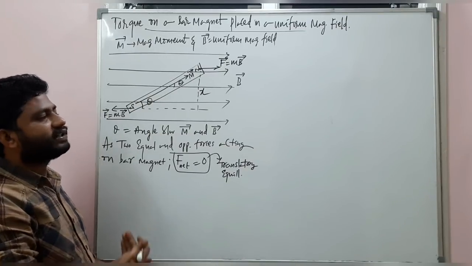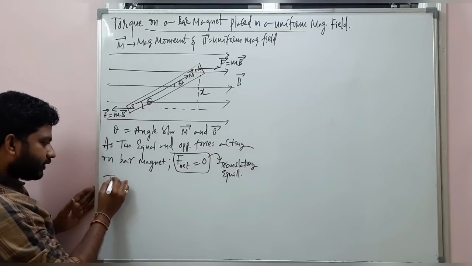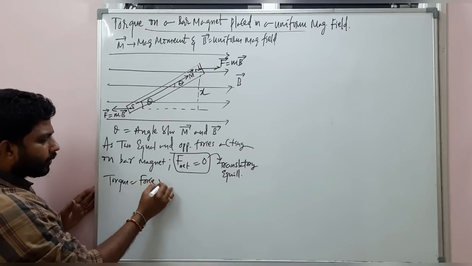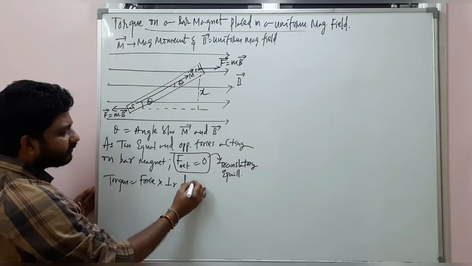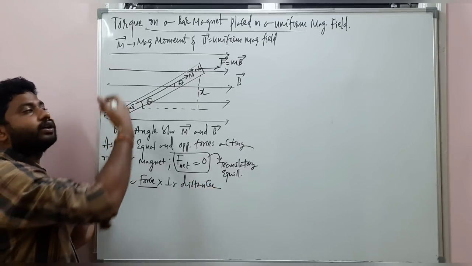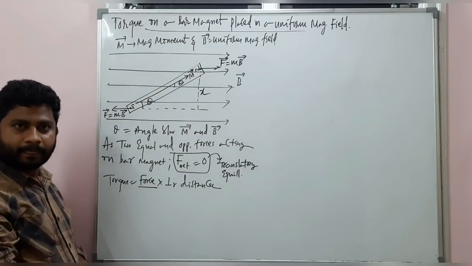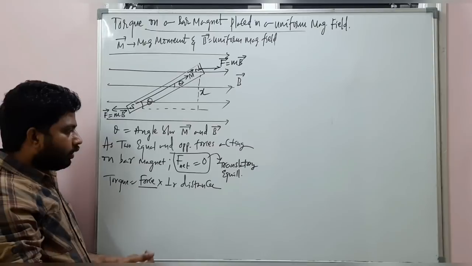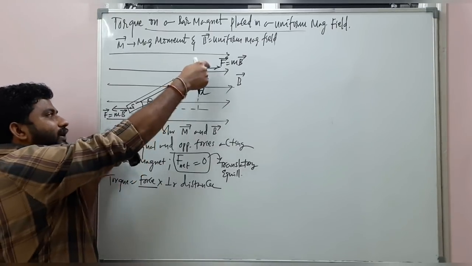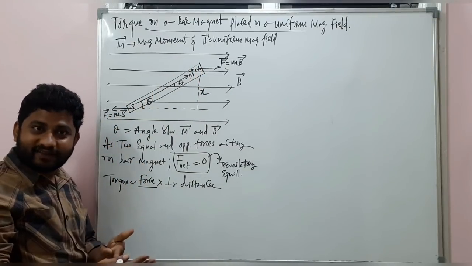And the perpendicular distance, why am I concentrating here? Because the torque is equal to force into perpendicular distance between the two forces. What is that force? Force acting on any pole, because both are equal and opposite, right? So why am I talking about the torque? Because the couple is there and the perpendicular distance between these two forces is available.